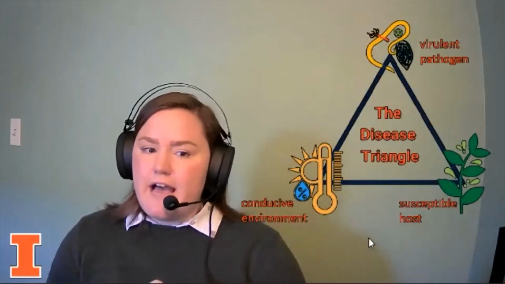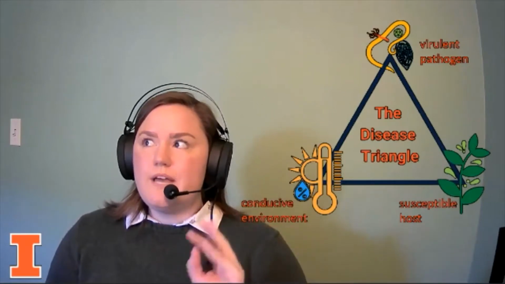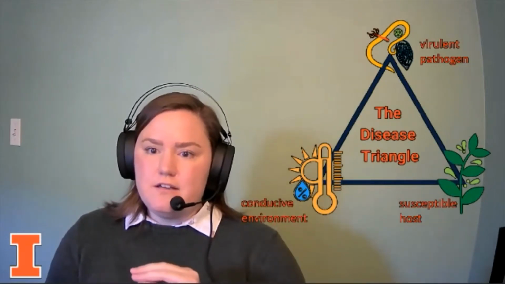But for simplicity's sake, I'm just going to continue with the disease triangle, but I ask that you not forget about that time element, because that's something that can be helpful when you think about when different diseases might be a problem at different times, depending on the forecast maybe.